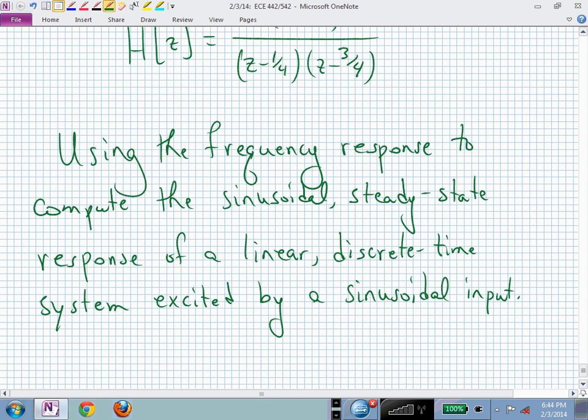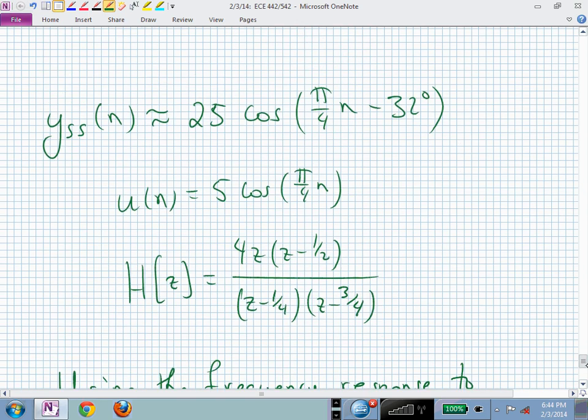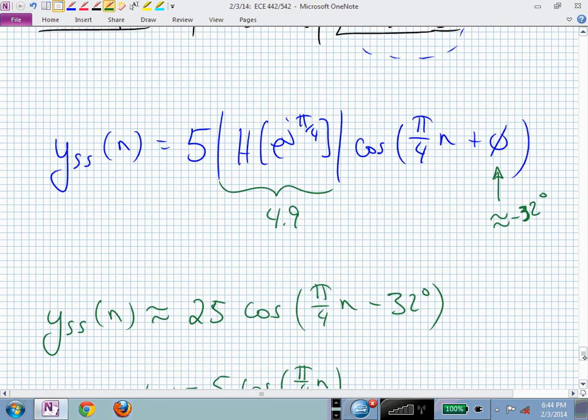Once you have that complex number, you find its magnitude, and that's now how your original amplitude gets scaled, and you find the angle of that complex number, and that's how your waveform gets shifted in time relative to the original cosine waveform or sine waveform.